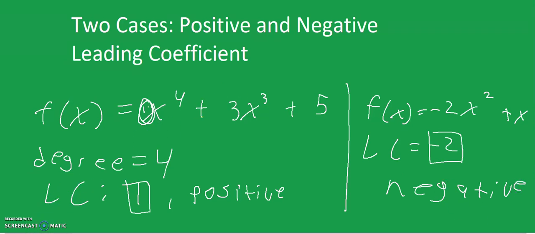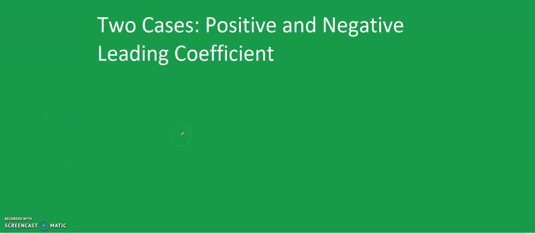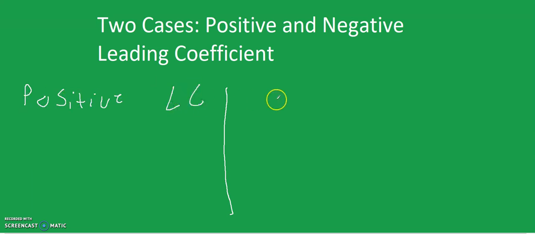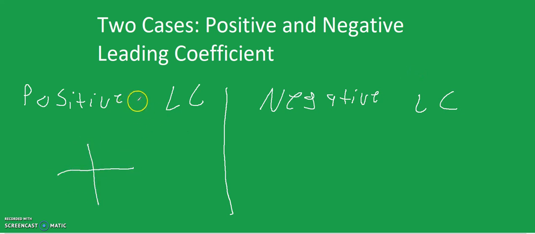Okay, so now I can break this up into two different cases: if I have a positive leading coefficient, or if I have a negative leading coefficient. Remember, this is only if I have an even degree polynomial. Now the end behavior, if I have even degree with a positive leading coefficient, is going to be like this.